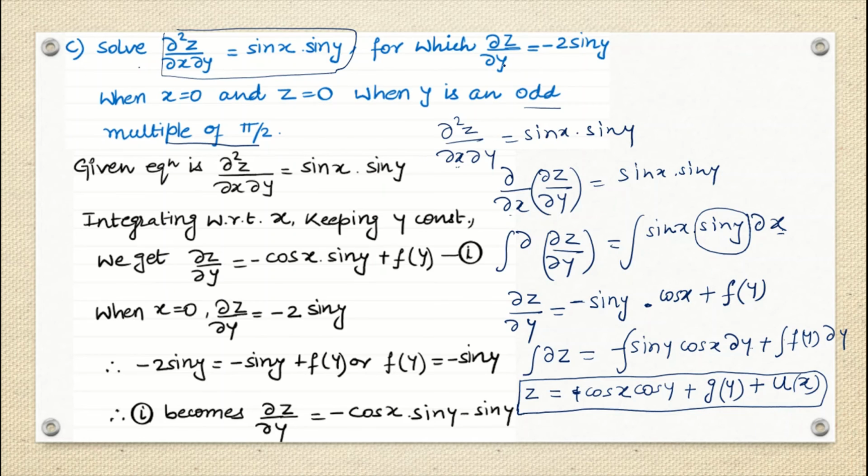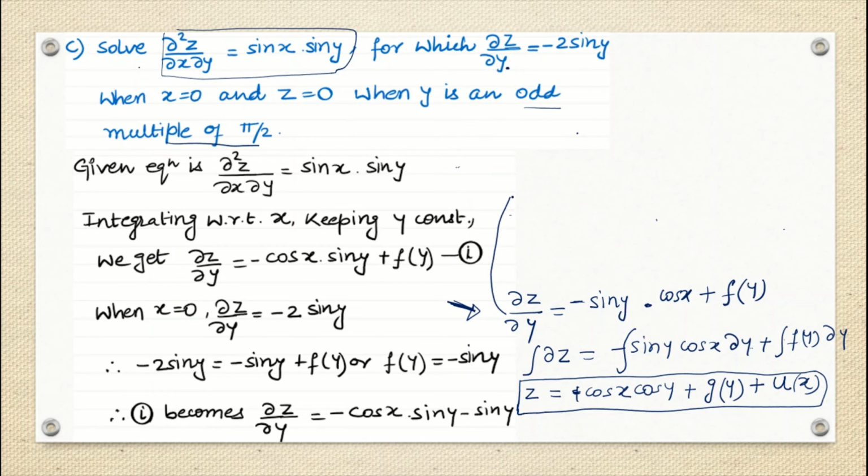For that they have given us that del by del y of z is minus 2 sin y when x equals 0. So focus on this equation. I am writing it down here. This is del by del y of z is minus 2 sin y. So my left hand side is minus 2 sin y equals minus sin y into cos x.